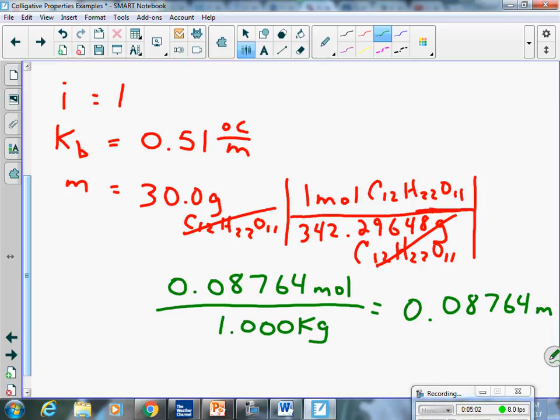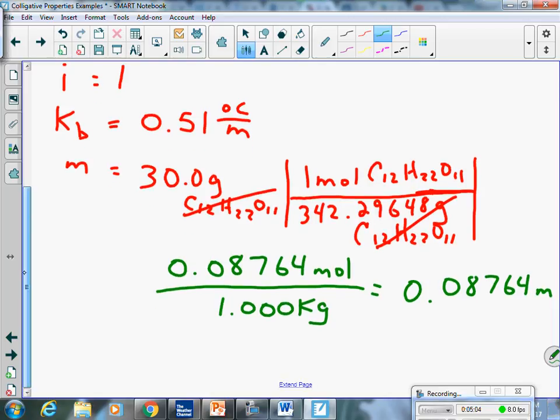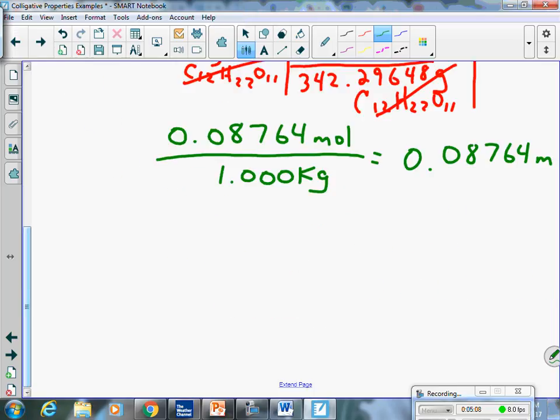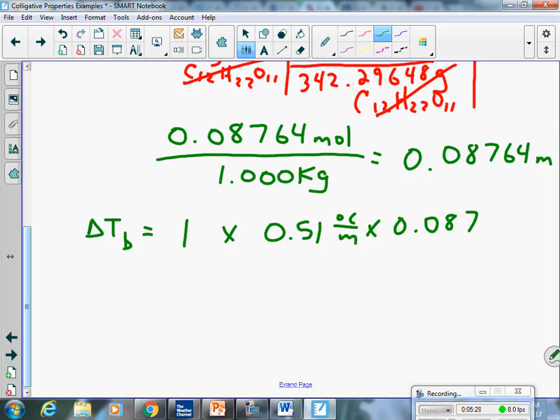So now I need to just plug this into the equation. So I know that delta T sub B is equal to Van't Hoff's factor, which was 1, times the constant for water, which is 0.51 degrees Celsius over molal, times the 0.08764 molal.